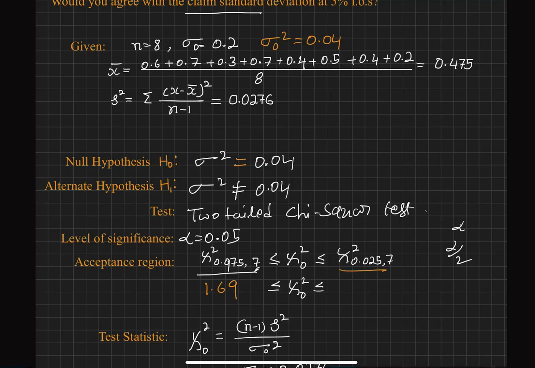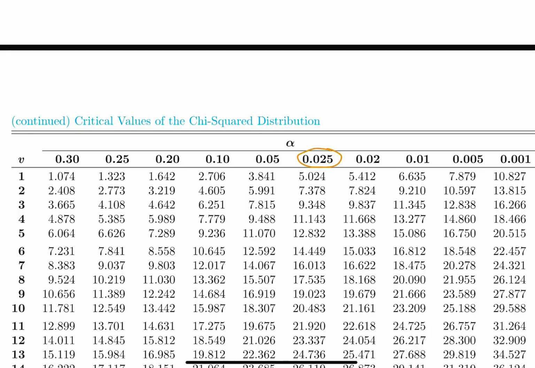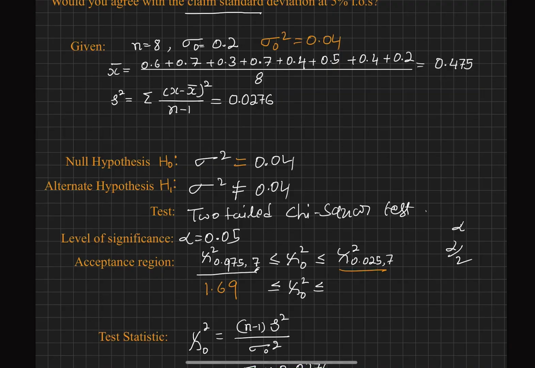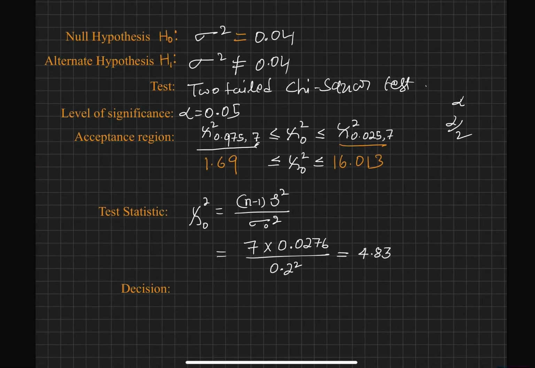Similarly, we want the right side corresponding value, that is for 0.025. Alpha is 0.025 and degree of freedom is 7. The corresponding chi-square value is 16.013. So the upper critical value is 16.013. Now again let's determine the test statistic chi-naught square, which we get as 4.83. And again we can observe here the chi-naught square value lies between 1.69 and 16.013.